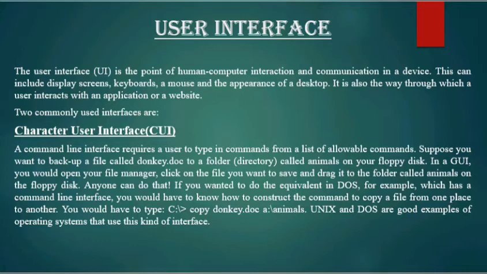So if we want to do any particular task related to the computer, what do we have to do? We need to give a command to the computer. How are we giving commands to the computer? Normally if we are a Windows user, we can double click on any icon on the desktop to open an application.